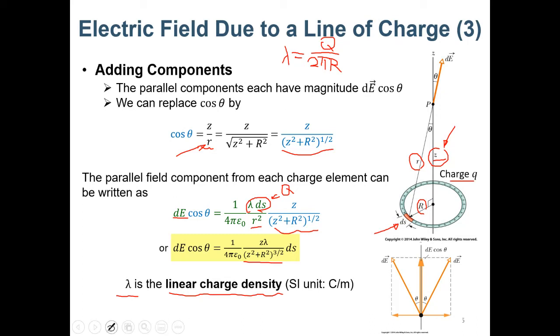And here we just rearrange the terms: we have z lambda here, and ds we put at the back. So now we know the charge on ds will generate dE cosine theta, and it can be expressed like this.